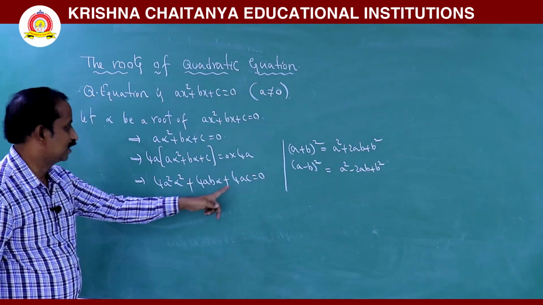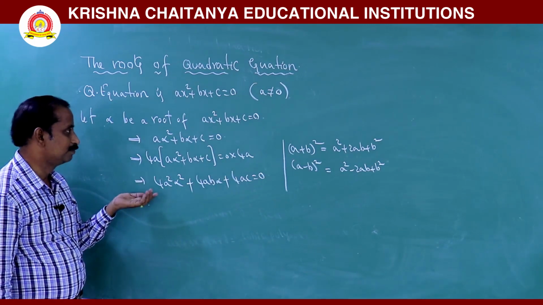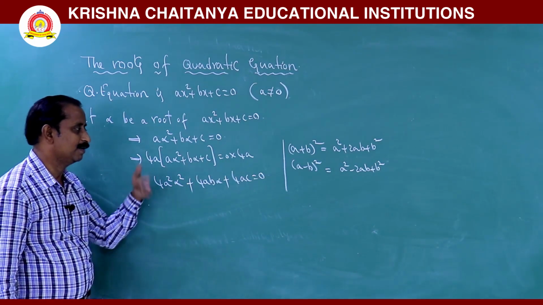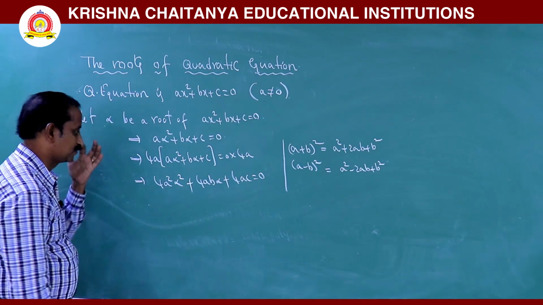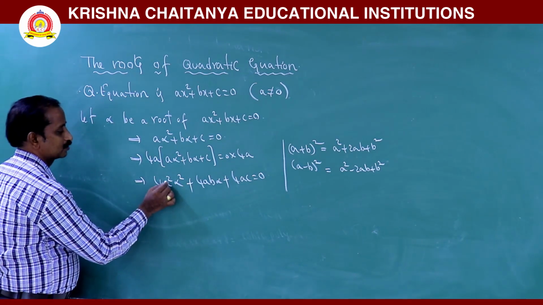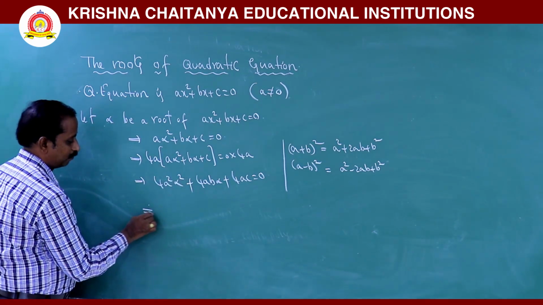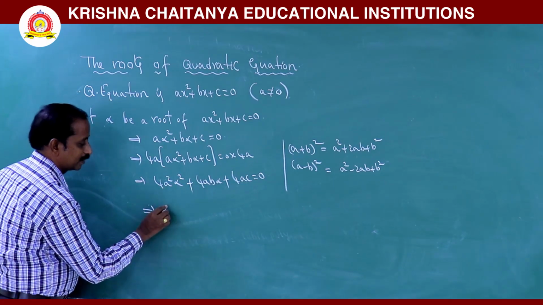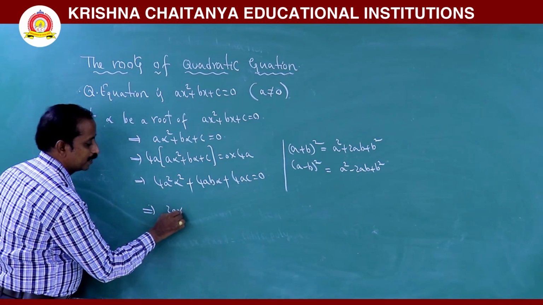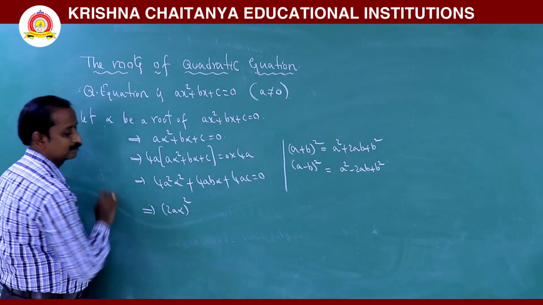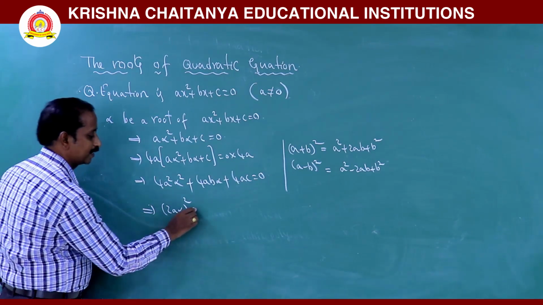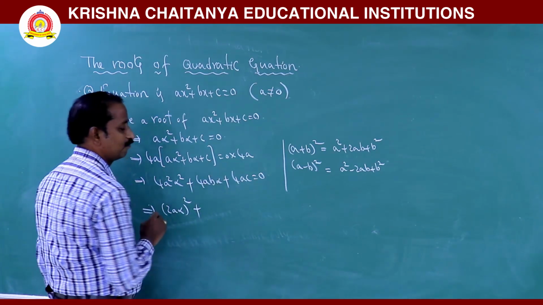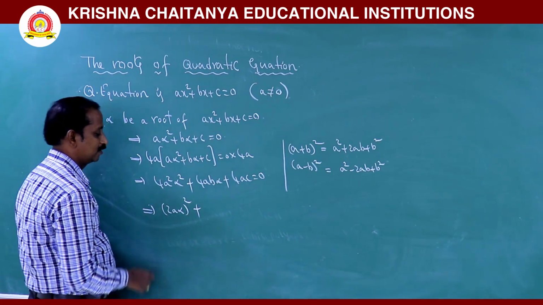Now this LHS can be made into a perfect square. So 4a²alpha², I can write as (2a·alpha) whole square. And what is remaining? 4ab·alpha.